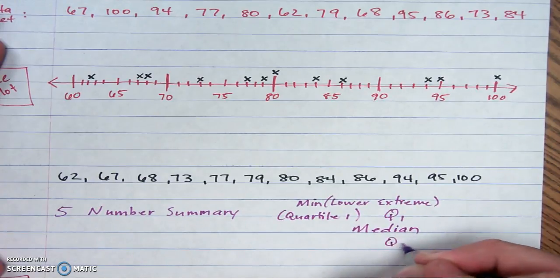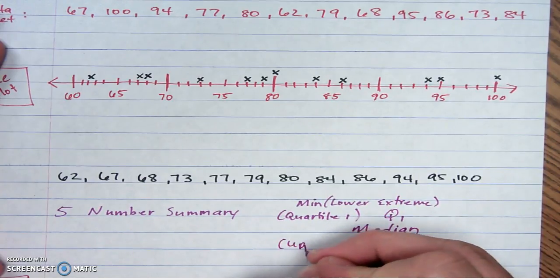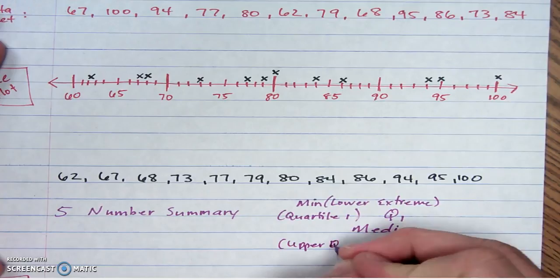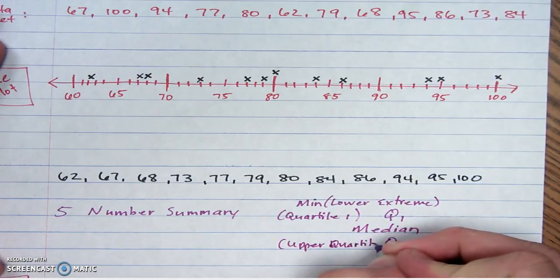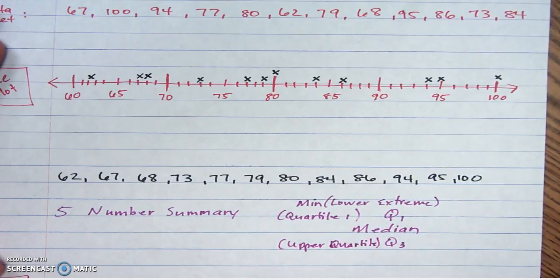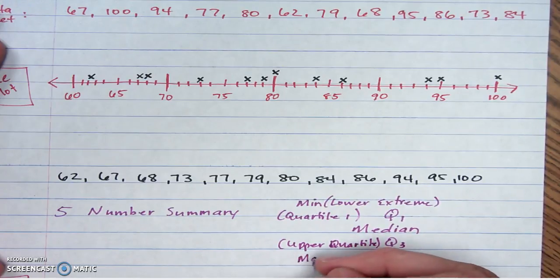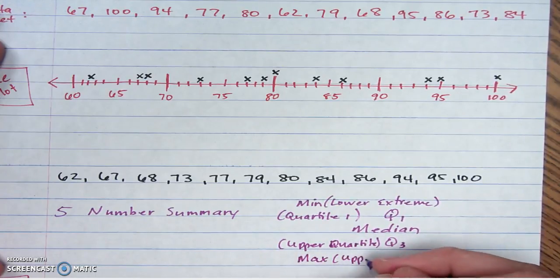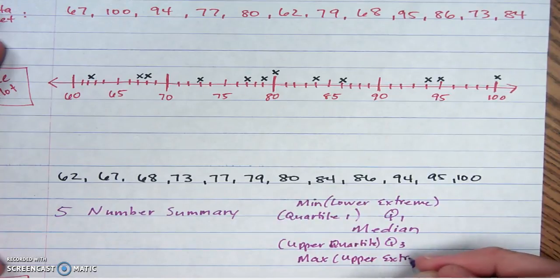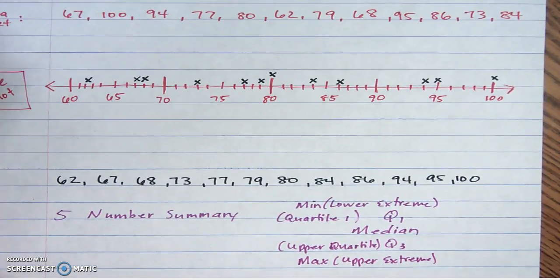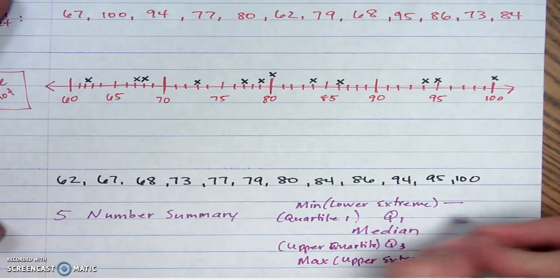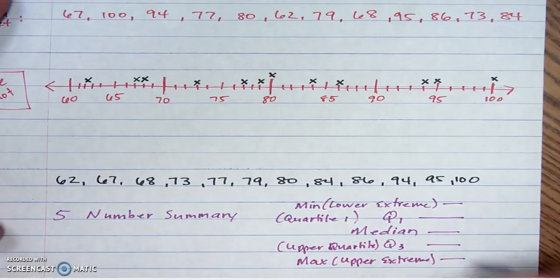We have Q3, which is the upper quartile. As a side note, I could call Q1 the lower quartile. And then I have the maximum, which is sometimes also called the upper extreme. These 5 numbers make up the 5-number summary of my data. And we're going to go through first and figure out what these 5 numbers are.